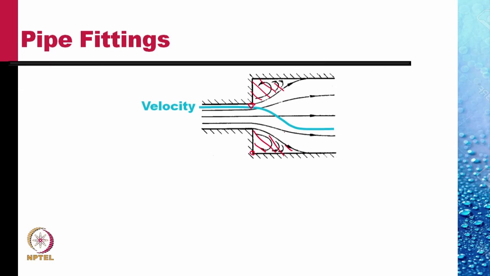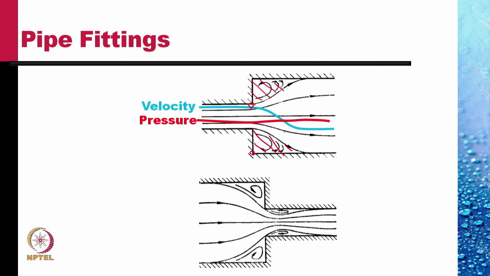The velocity decreases like this, but because of losses, the pressure does not change very much. Since the velocity is decreased, if there was no flow separation, the pressure would have increased, but the pressure does not increase. This means there is a pressure drop at a sudden expansion. And if we are pumping water, that would mean we have to apply more pressure difference, we have to expend more power in pushing the water through this sudden expansion.